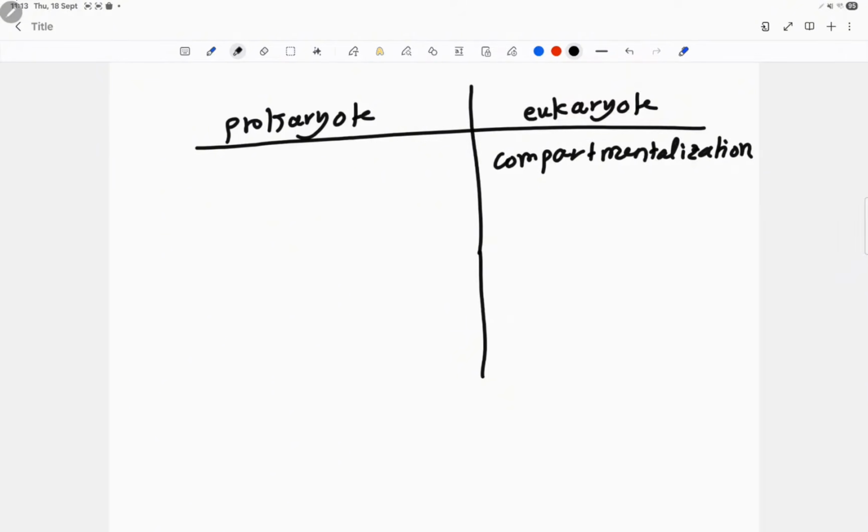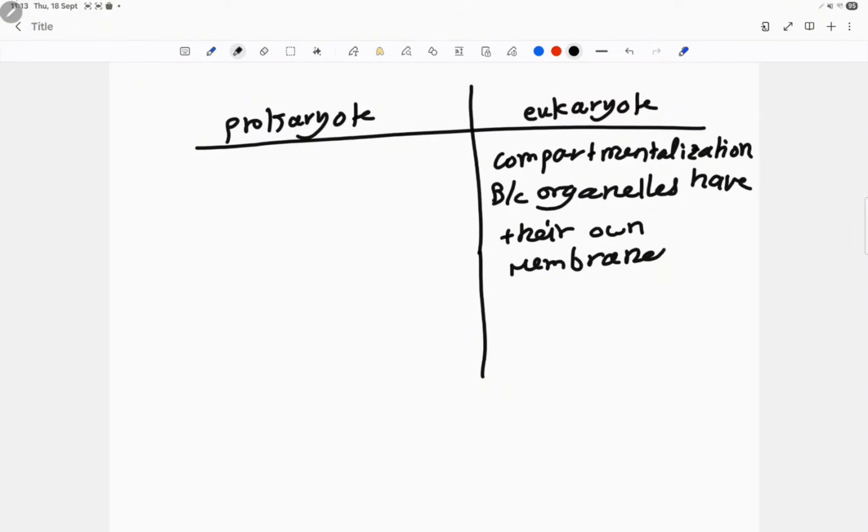This is very, very important. Why? Because the organelles have their own membranes. When the organelle has its own membrane, we call it a membrane-bound organelle.